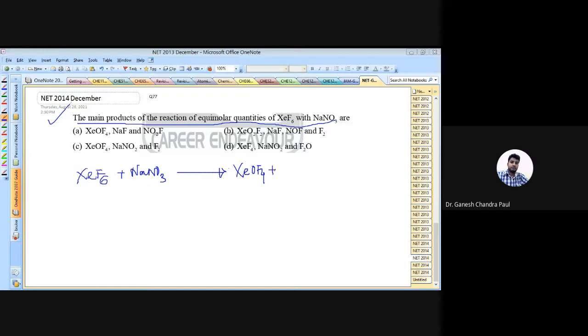Along with that, you will get byproducts, sodium fluoride as well as FNO2, nitryl fluoride. That reaction is used for the preparation of xenon oxofluorides like XeOF4.